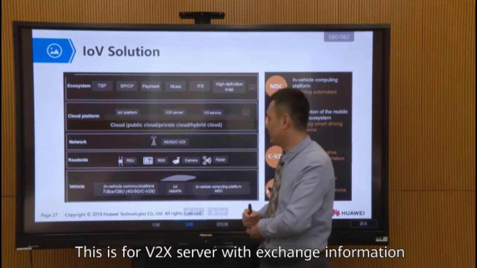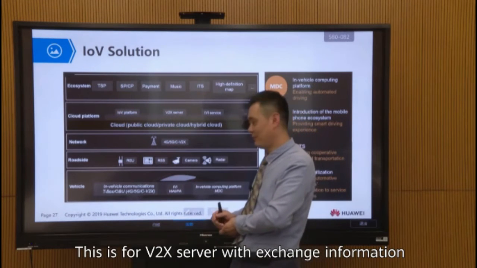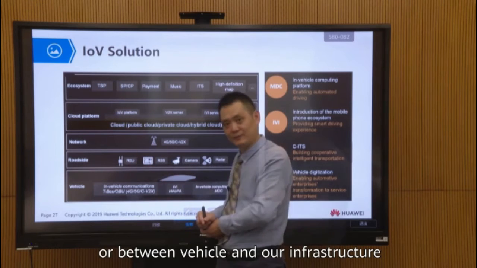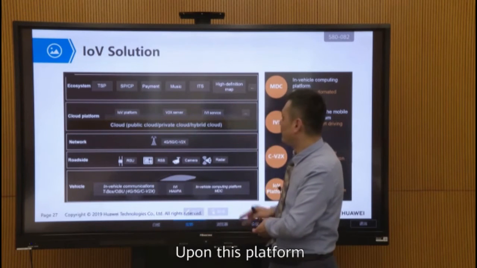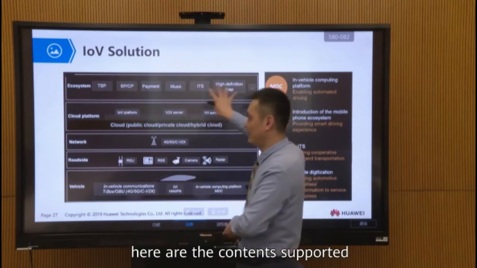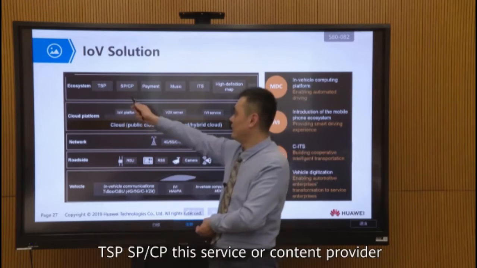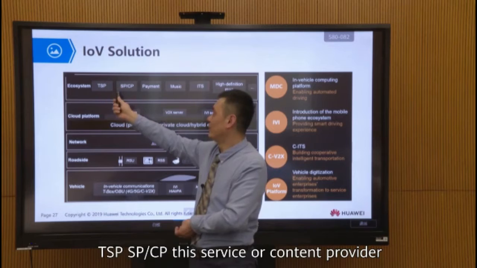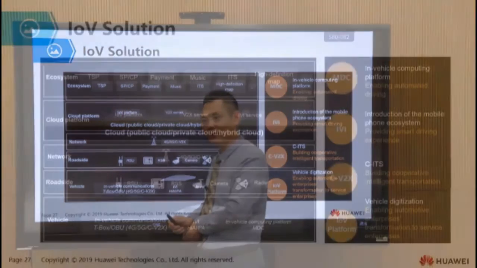This is a V2X server to exchange information between vehicles or between the vehicle and our infrastructure. And upon this platform, here are the content supported. TSP, SP, CP, these are content or service providers.